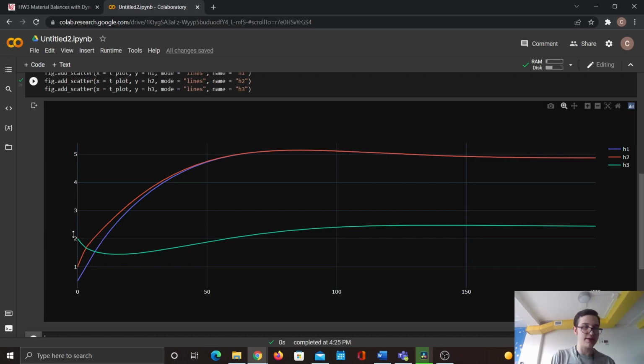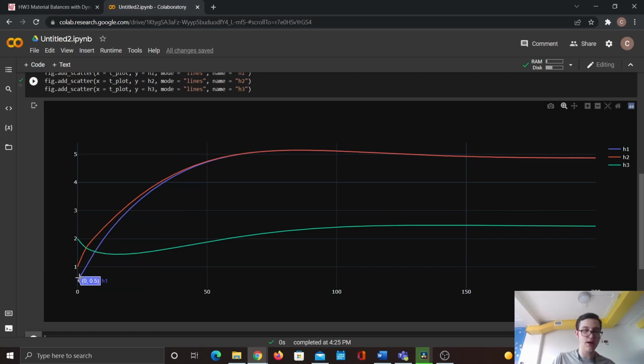So you see that dip here where it's not being filled because it is flowing both out into the surroundings and into tank 2. So it drops down, and then somewhere in this area it starts rising back up as it's getting filled by tank 2, because the height of the liquid in tank 2 is bigger than the height in tank 3.